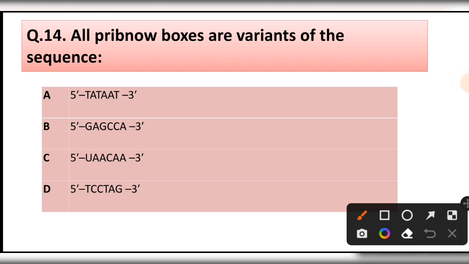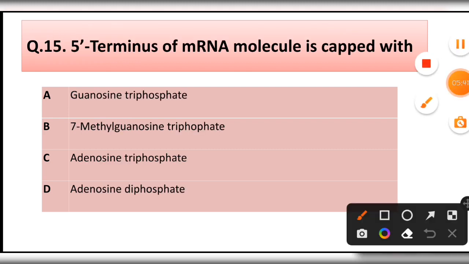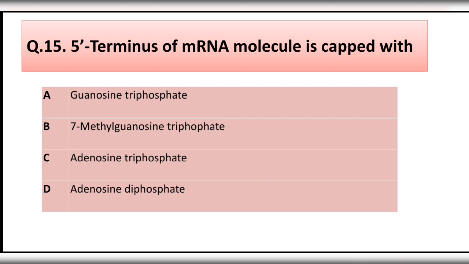All Pribnow boxes are variants of the sequence. Correct answer is option A, 5'-TATAAT. Question 50. The 5' terminus of mRNA molecule is capped with guanosine triphosphate, 7-methyl guanosine triphosphate, adenosine triphosphate, adenosine diphosphate. Correct answer is option B, 7-methyl guanosine triphosphate.